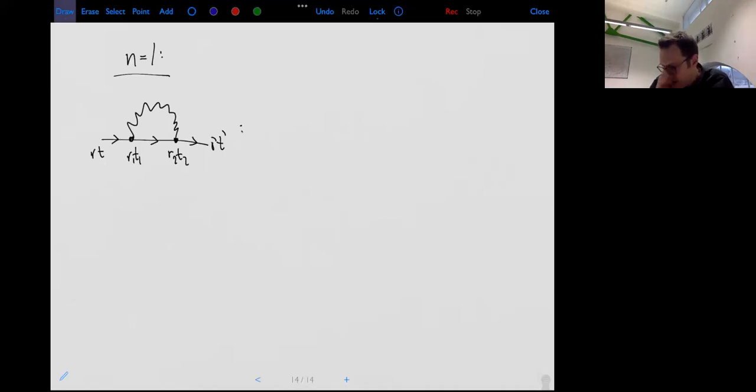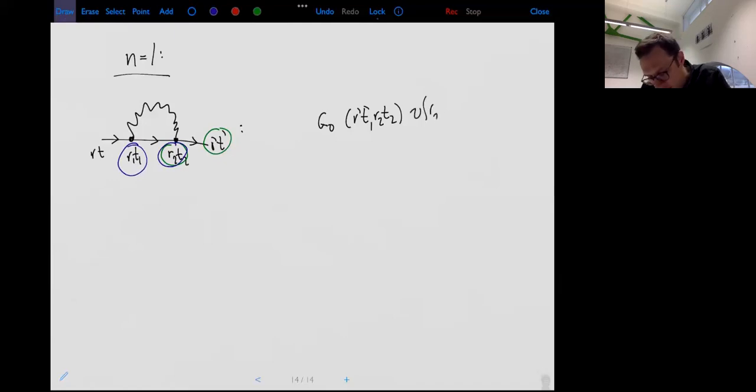And basically we have a G0 line from this space-time point to this one, so that is G0 of R prime, T prime, R2, T2. Then we have an interaction line from this space-time point to this one, so this would be V of R2, T2, R1, T1.